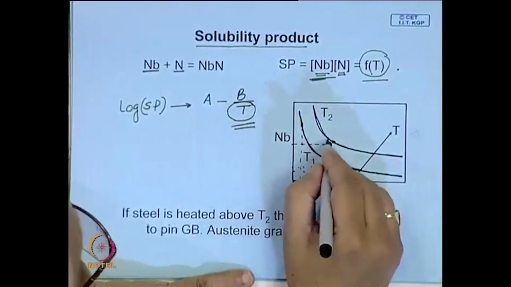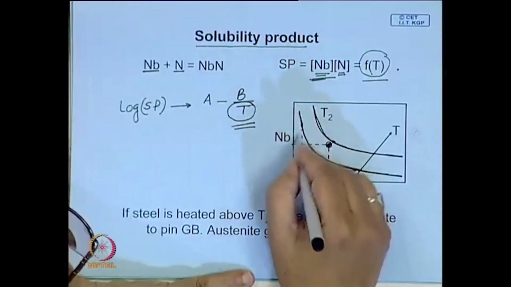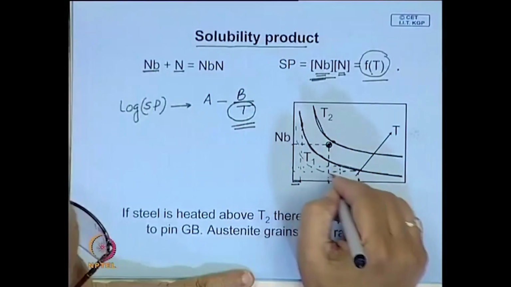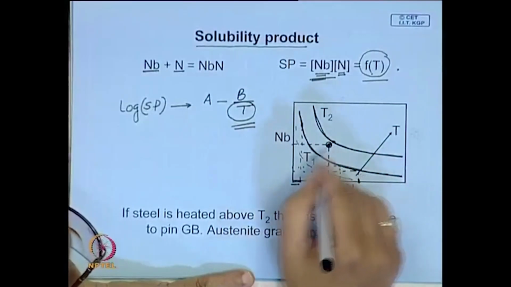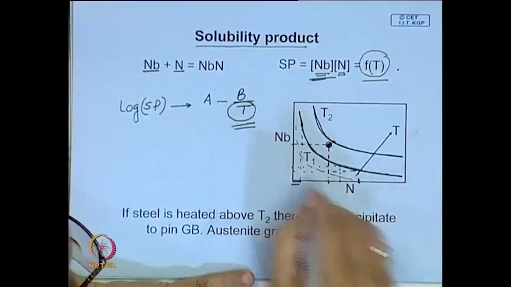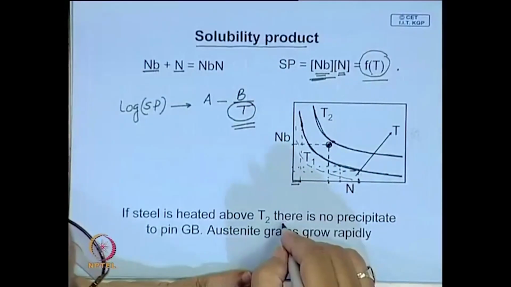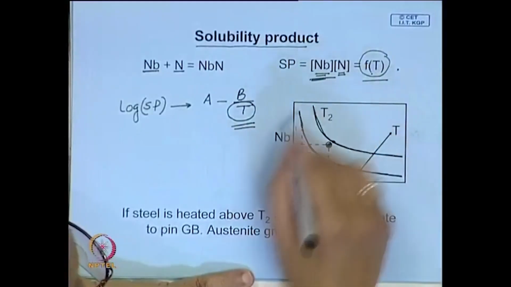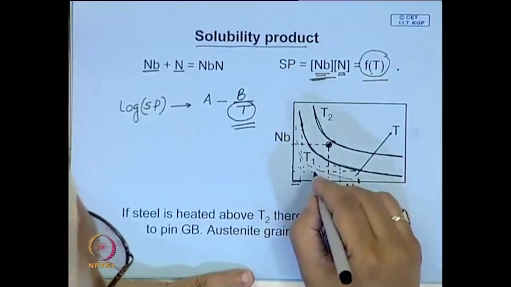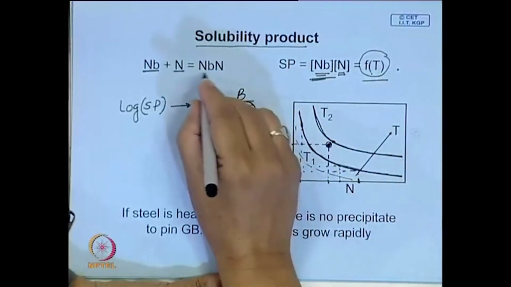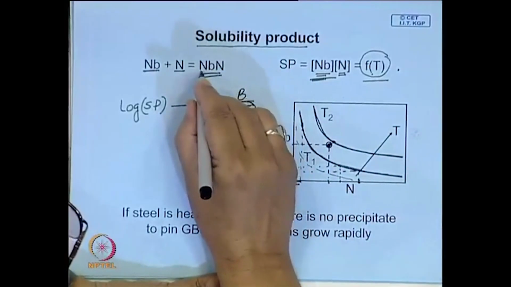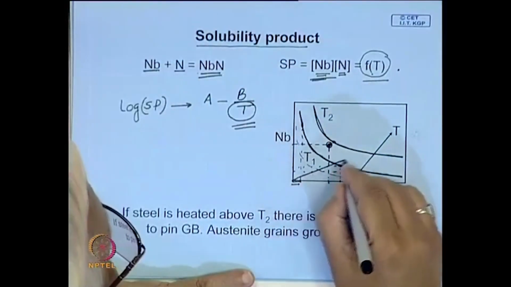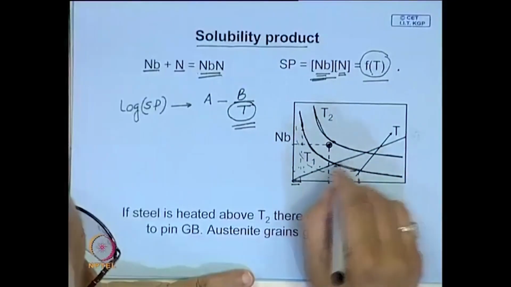And next, as you cool, the temperature will go down, say from T1 it will come down to this. So, you will have more and more niobium nitride precipitating out, and it is possible to calculate that amount from this type of diagram. What you need to know is the stoichiometry. If it is 1:1, in that case you can plot the stoichiometry line something like this.